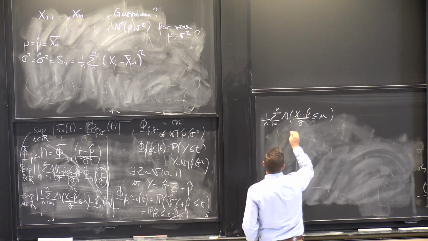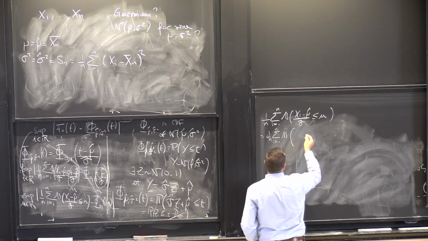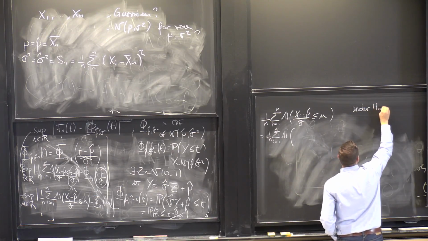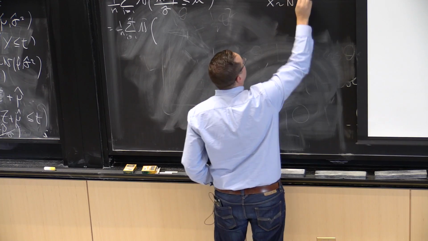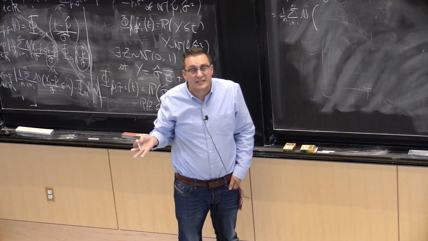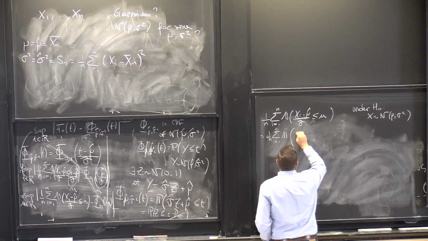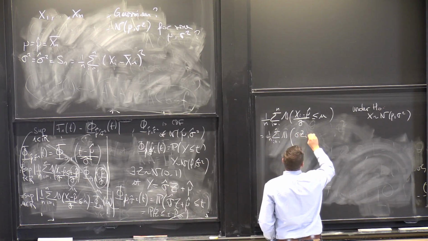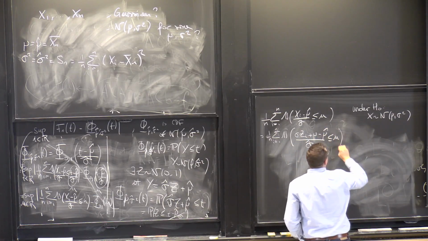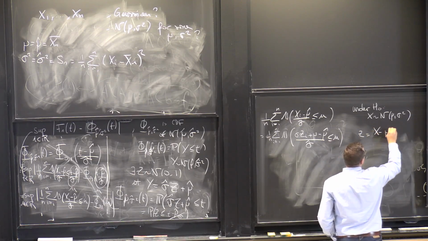Well, this is equal to (1/n) sum from i=1 to n of the indicator that, now under the null, which is that X follows N(mu, sigma squared) for some mu and sigma squared that are unknown, but they exist, I just don't know what they are, then Xi - mu hat can be written as (sigma Zi + mu - mu hat) divided by sigma hat, where Z = (X - mu)/sigma.